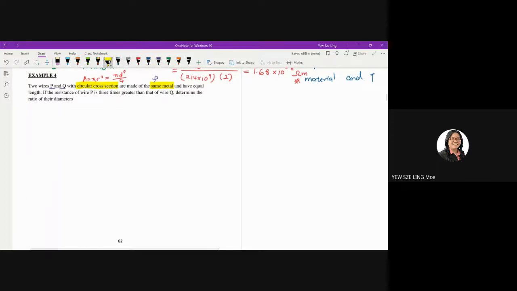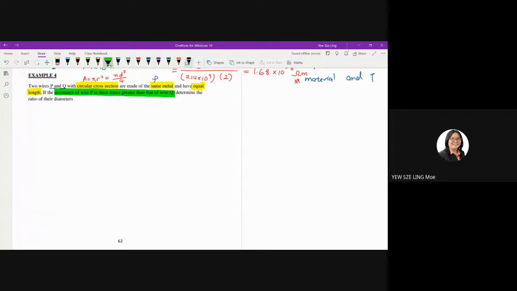Another piece of information given is they have equal length. The resistance of wire P is 3 times greater than the resistance of wire Q. This is the key part in solving example 4. Determine the ratio of their diameter.